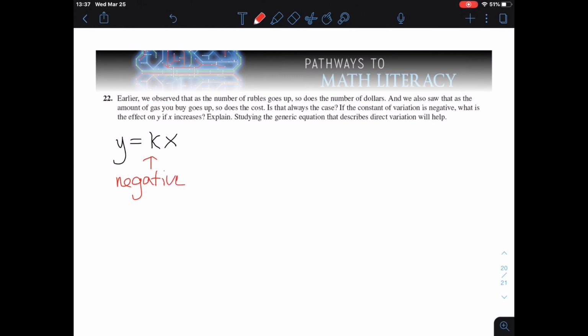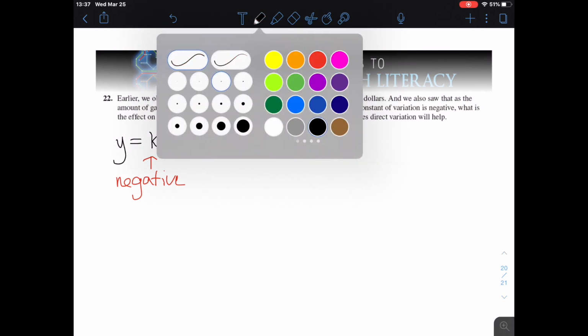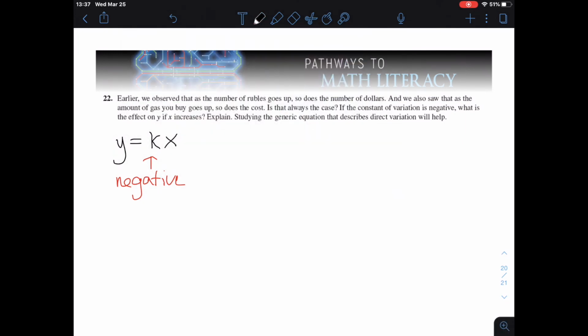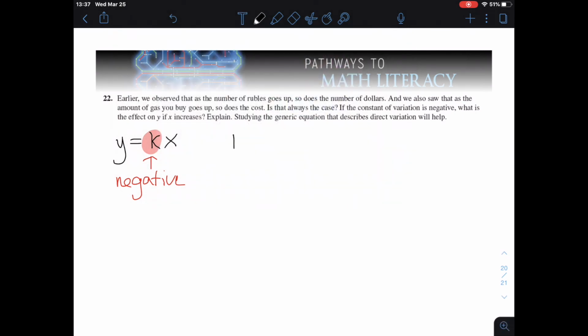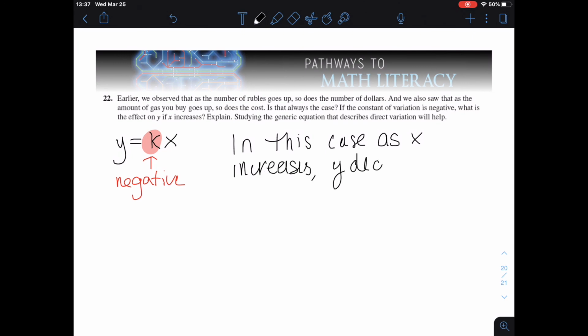So still, if you have no x's, you're going to have no y's. But now as x gets bigger and bigger, because this value of k is negative, y isn't increasing, it's getting bigger in the negative direction. So here, in this case, as x increases, y decreases. Okay?